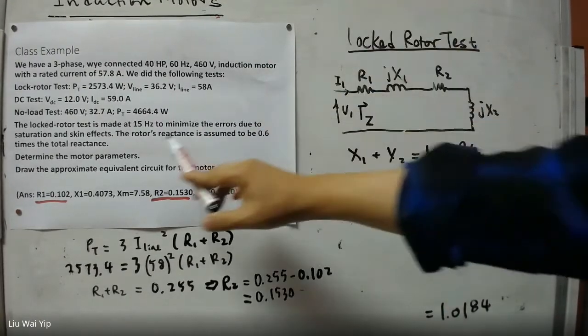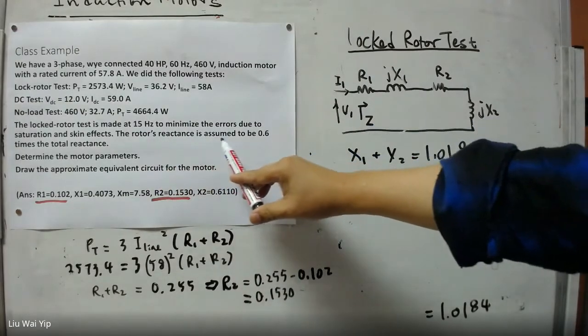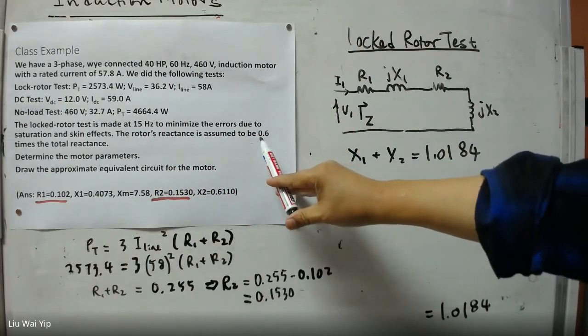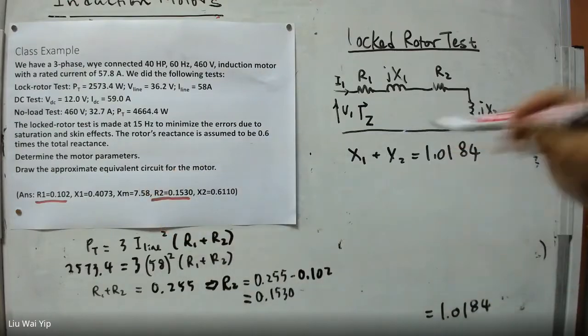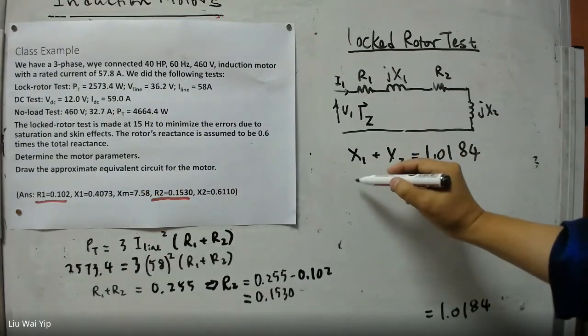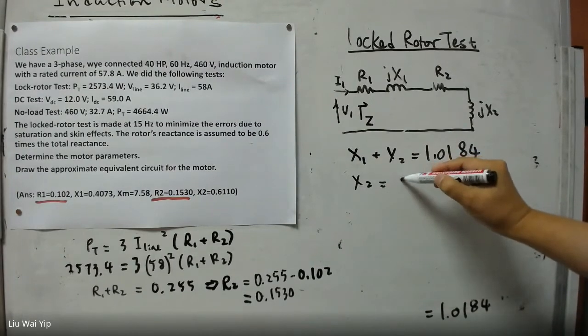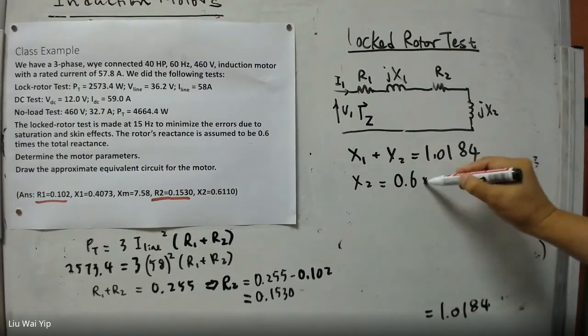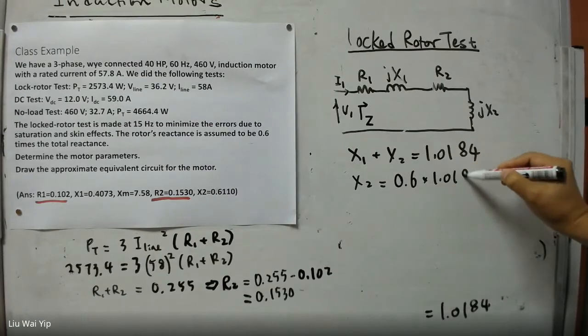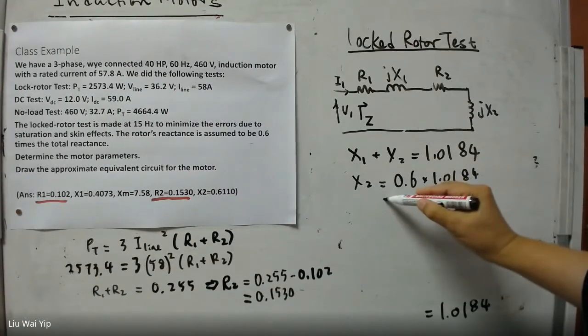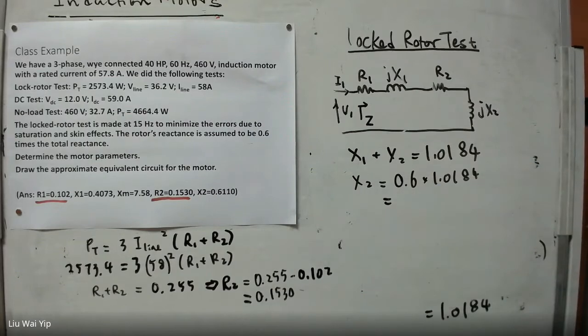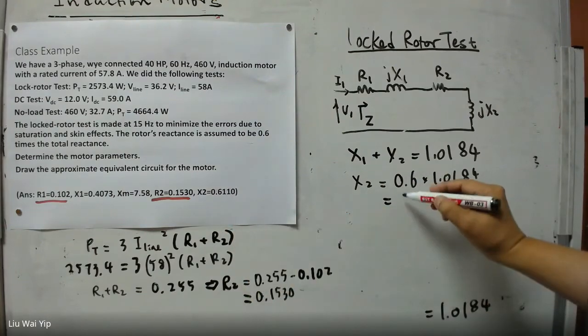And the rotor reactance is observed to be 0.6 times the total reactance. In this case, X2 is going to be 0.6 times this value. So the answer should be more or less the same here.